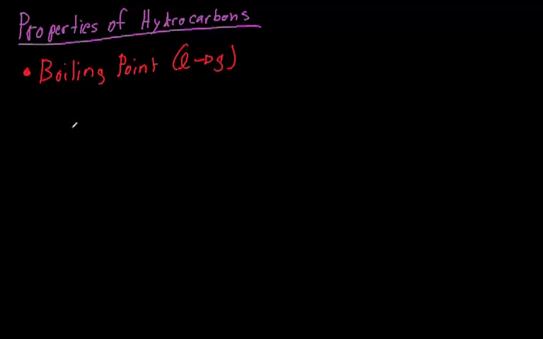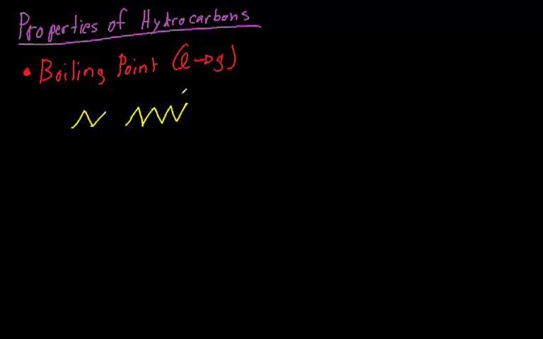Let's say we have a small hydrocarbon, butane, versus a larger one, say octane. Both are straight chains, and we'll talk about branching in a second. But for the point of finding trends in boiling point, we want to look at straight chains.